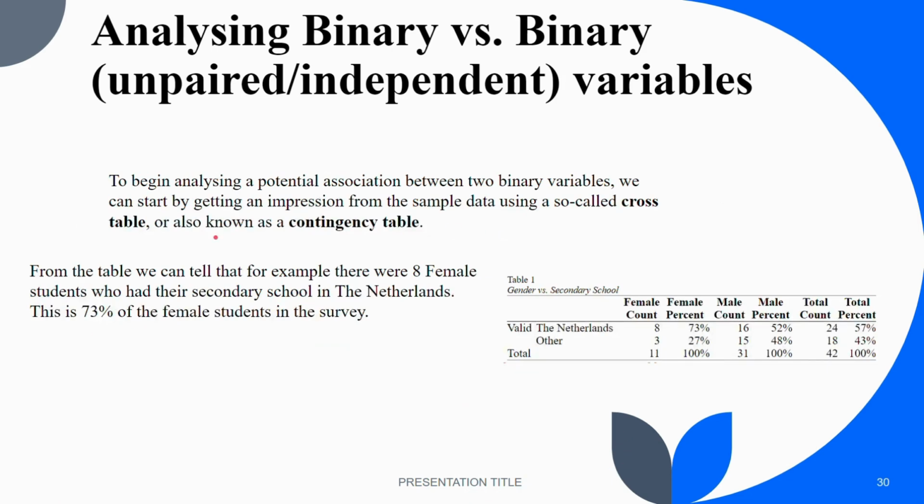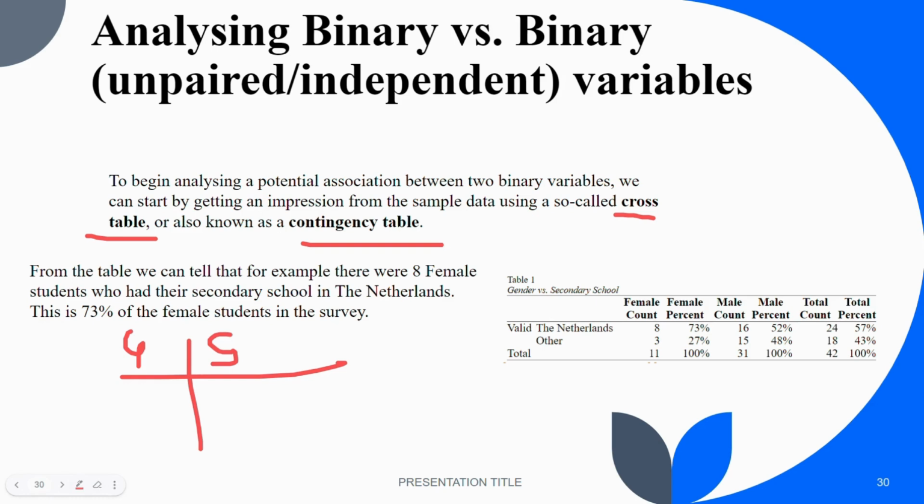So our first step is to create a cross table or a contingency table. Remember that data has two parts. One, the gender, I will call it G, and the other is the school, I will call it S. We are interested in finding out the gender versus location of secondary school.